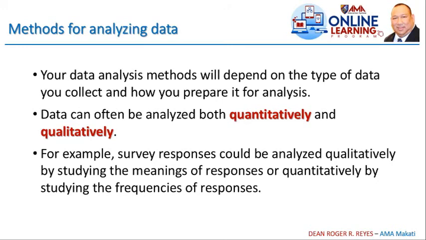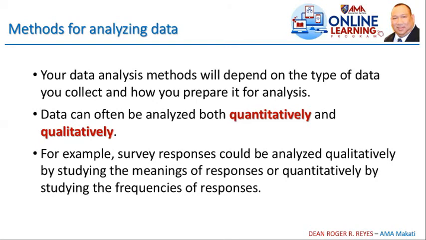Data can often be analyzed both quantitatively and qualitatively. For example, survey responses could be analyzed qualitatively by studying the meanings of responses, or quantitatively by studying the frequencies of respondents.